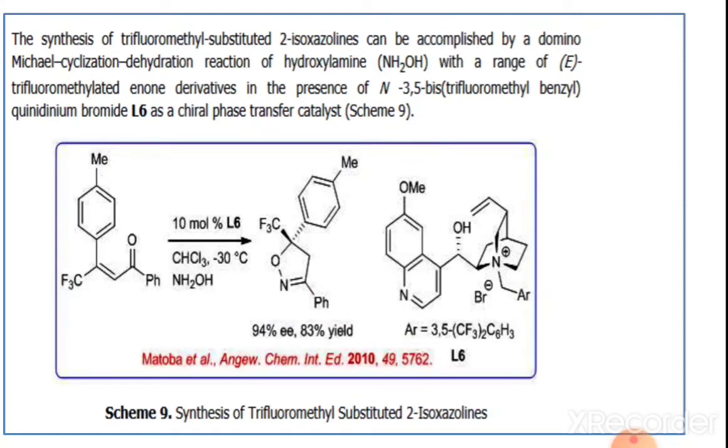Now the synthesis of trifluoromethyl substituted isoxazolines can be accomplished by the domino Michael cyclization dehydration reaction of hydroxylamine, that is NH2OH, with a range of trifluoromethylated enone derivatives in the presence of the N-3,5-bis trifluoromethyl benzyl quinidinium bromide, that means the L6 catalyst, a chiral phase transfer catalyst.